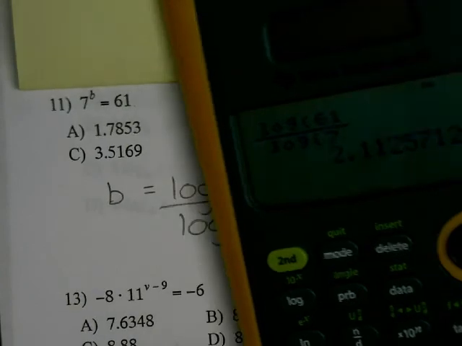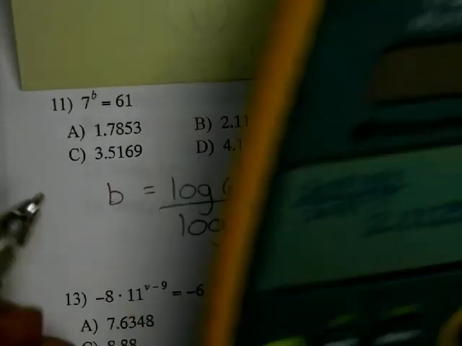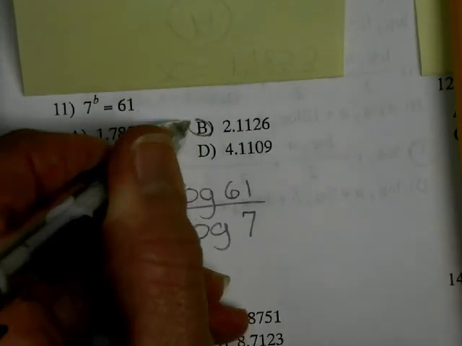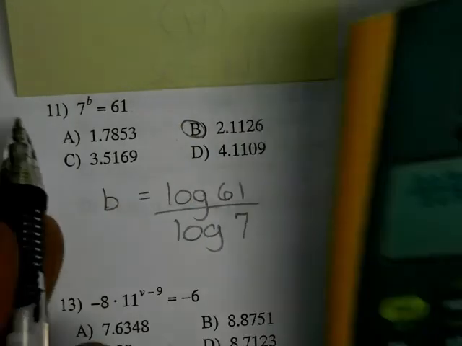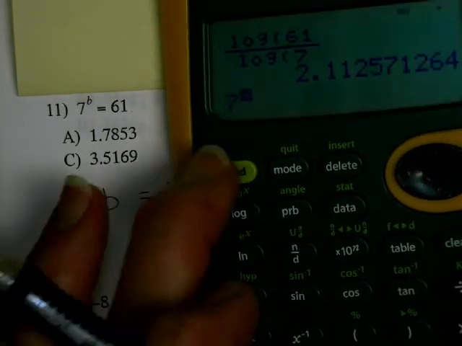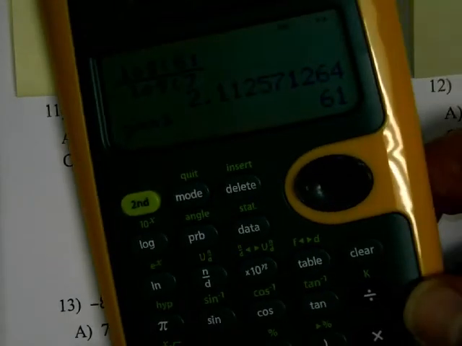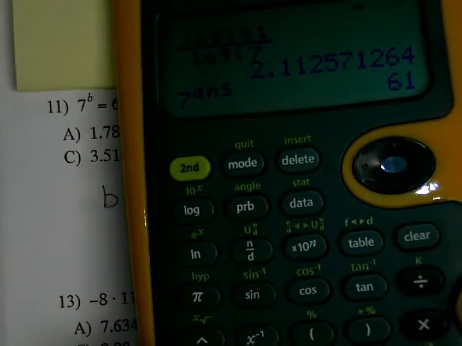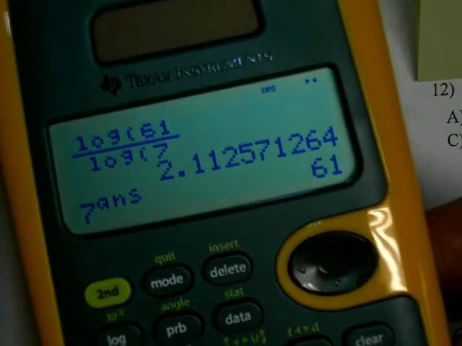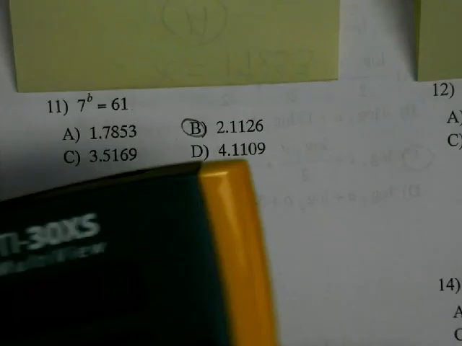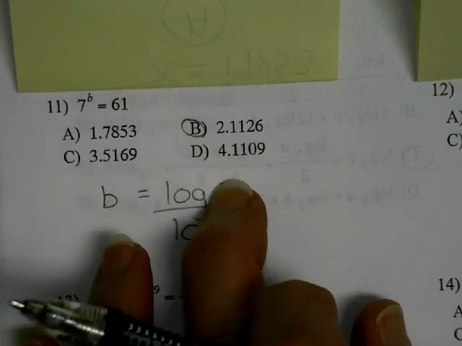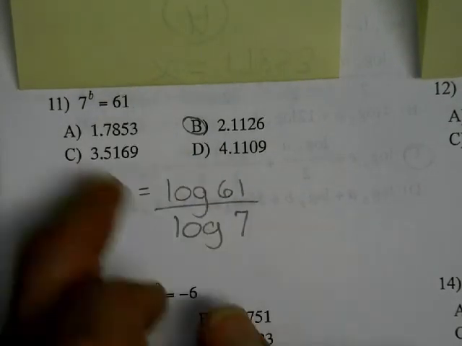Put in log 61 over log 7. End up with letter B, 2.1125. And I can always take 7 to the answer. And I'm back to 61 again. Oh man, that's dark. Oh man, here we go. There's my check. No, I entered the right information.